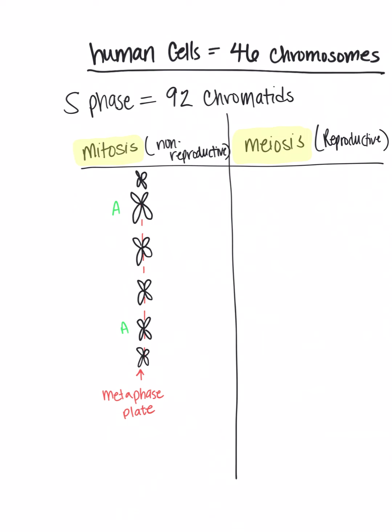But they do not necessarily line up side by side in mitosis. In mitosis, all the chromosomes are lined up at the metaphase plate. There's another homologous pair, and there's a third homologous pair. Now, what happens in mitosis is during anaphase, the microtubules, which have been connected to the kinetochores of these chromosomes, start to pull the chromosomes apart.